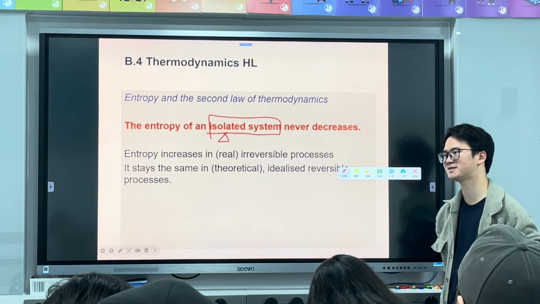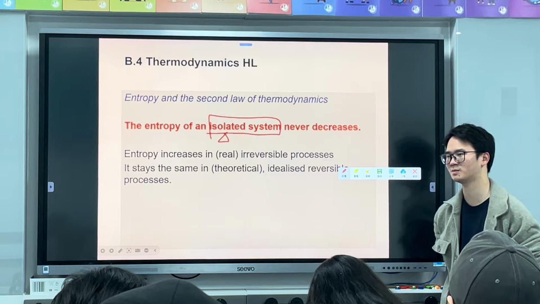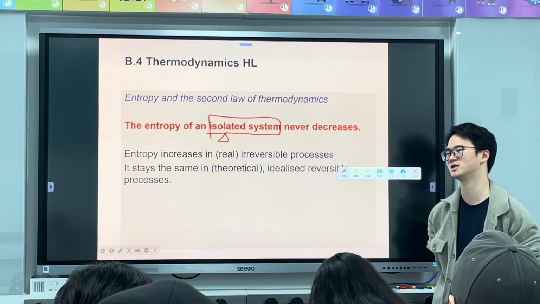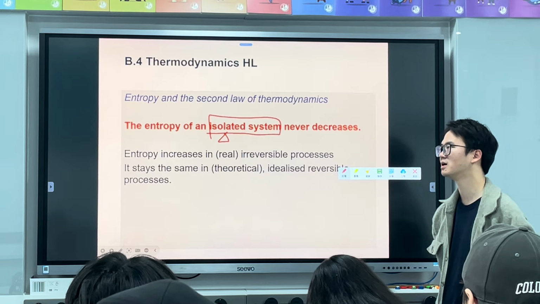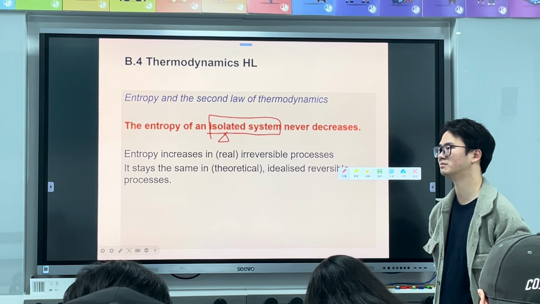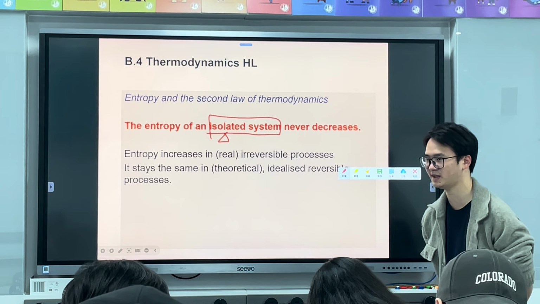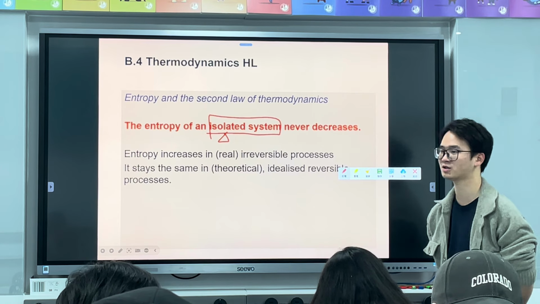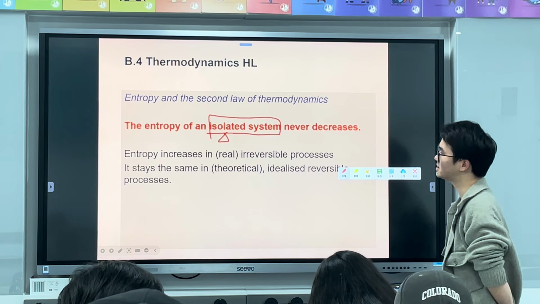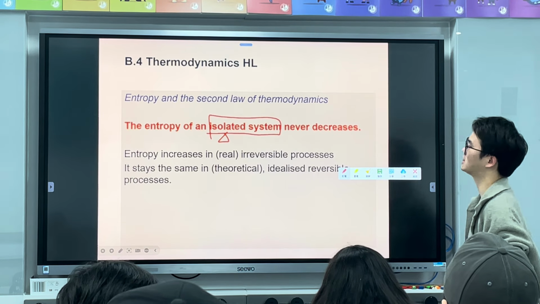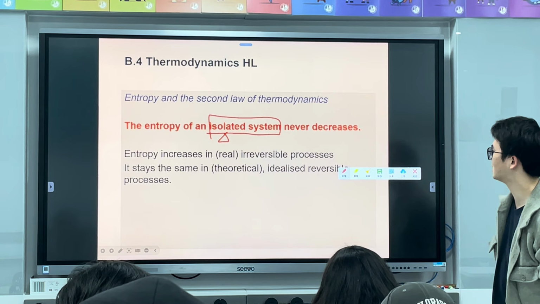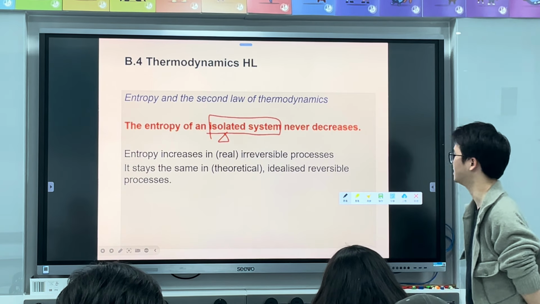Is it possible for entropy to decrease for an open system? Yes. Because you might be getting lower entropy energy from other sources, and in that case, it could be possible for an open system. But for an isolated system, the entropy never decreases.